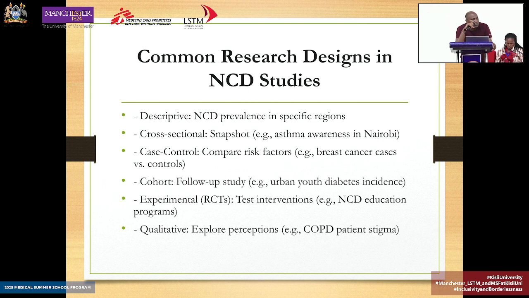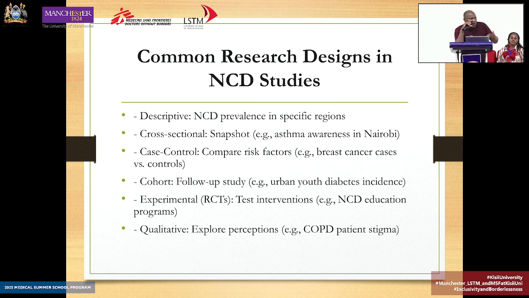You use descriptive statistics to know the prevalence. And then we have cross-sectional research designs. Like now, you want to know the knowledge awareness about asthma, maybe in Nairobi County or Kisii County. You pick a certain section, like an informal settlement. You compare with another informal settlement.